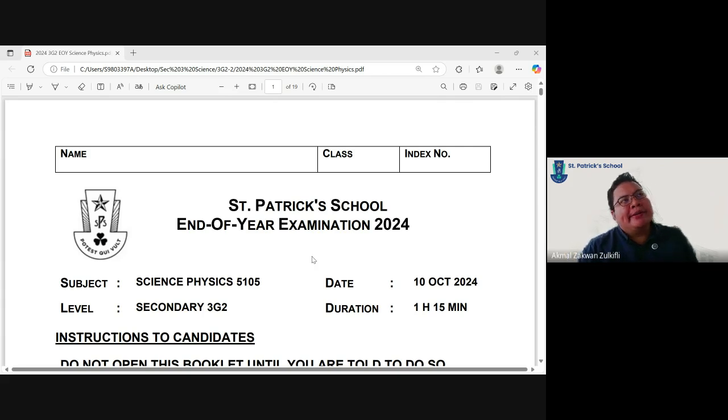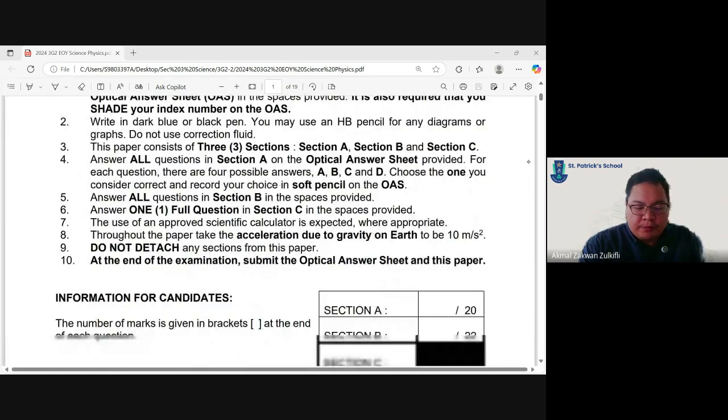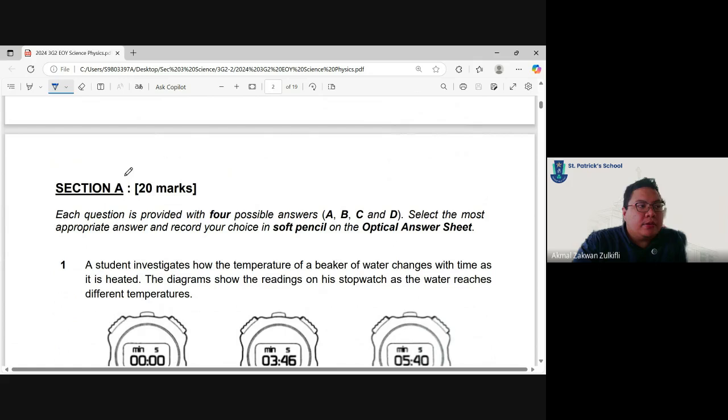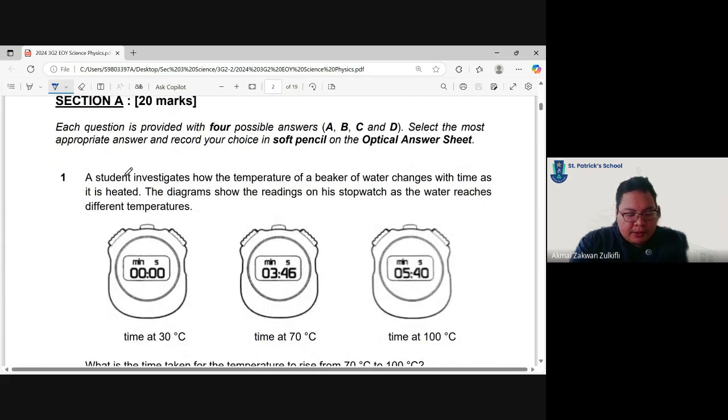Especially for paper two, the MCQ section and sections B and C, when we do them, at least you know what are the important things that you need to say in order to hit the right points and get the marks. Okay, so without further ado, let's begin.